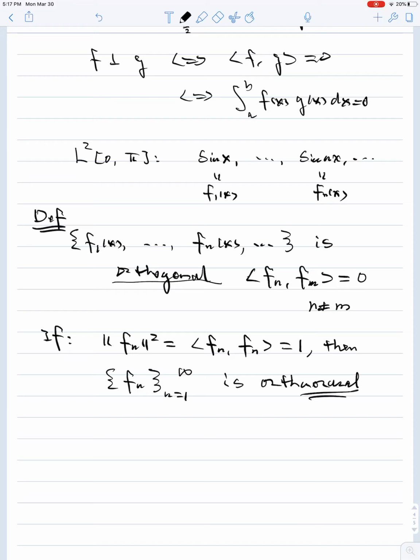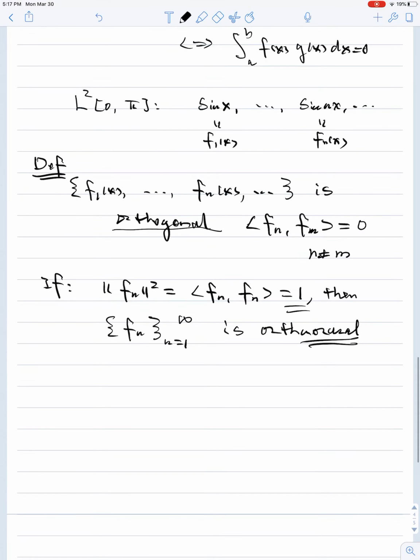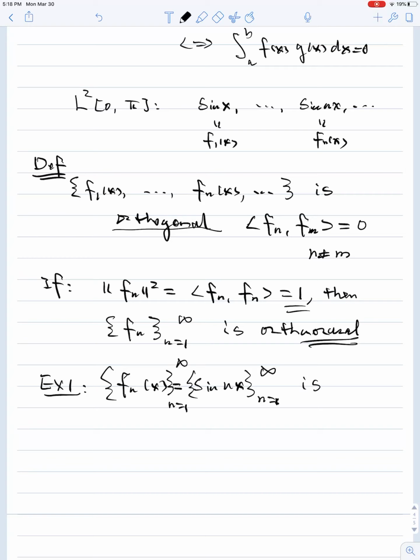Normal here just means that the norm is 1, it's normalized. So in this specific example, if fn(x) equals sin nx, this system with n from 1 to infinity is an orthogonal system.